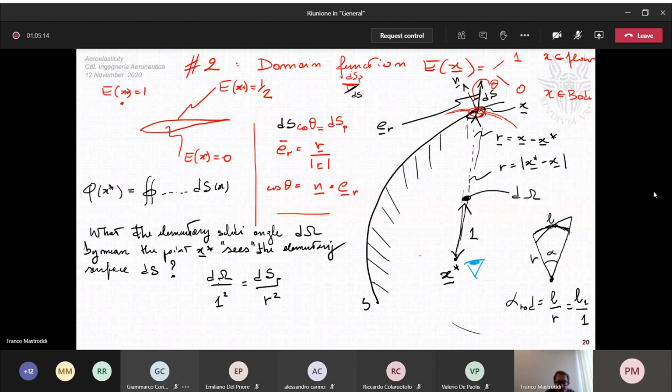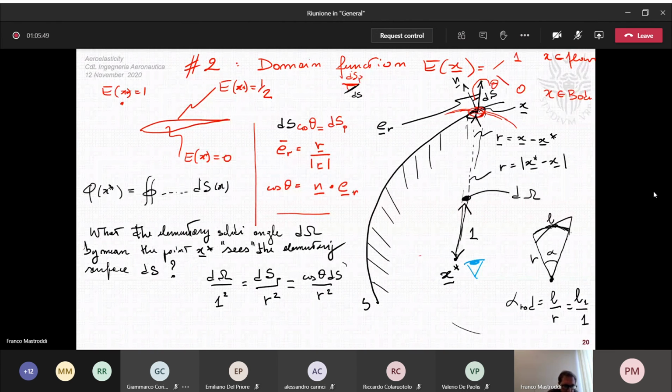d omega by the unitary radius to the power 2 is equal to dSP, not dS please, but dSP divided by the square of the distance between here and here. And so this dSP is equal to the cosine of theta by dS divided by r to the power 2, and the cosine is equal to n dot er.